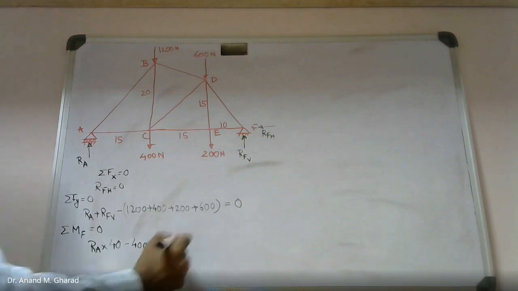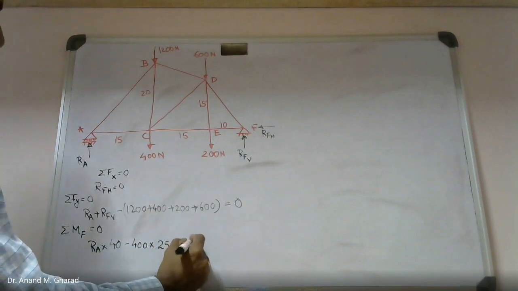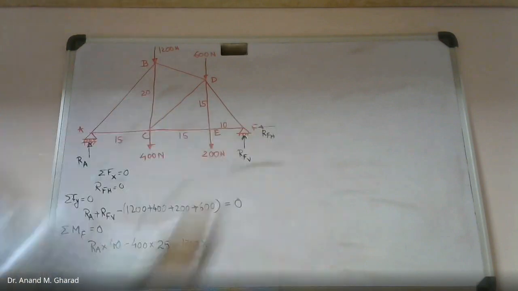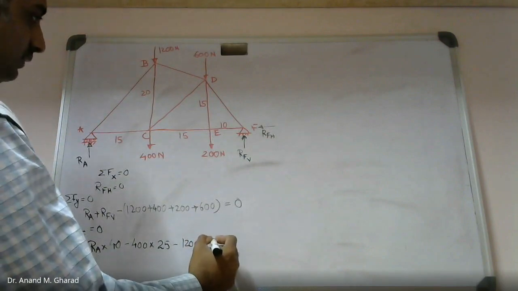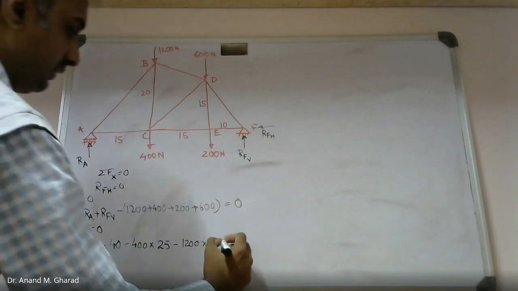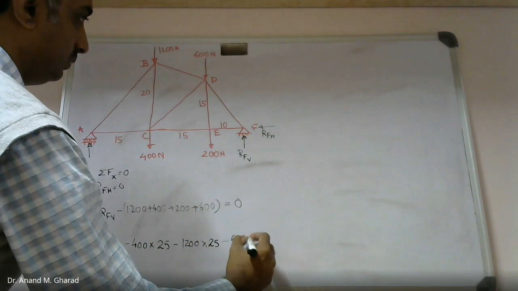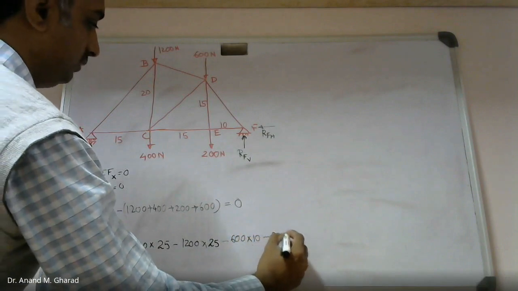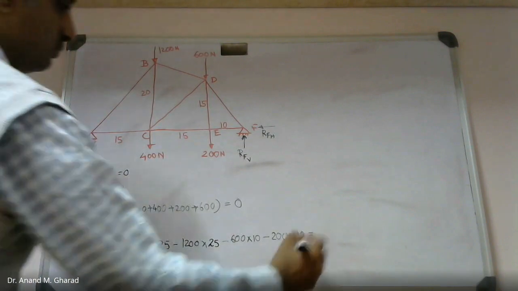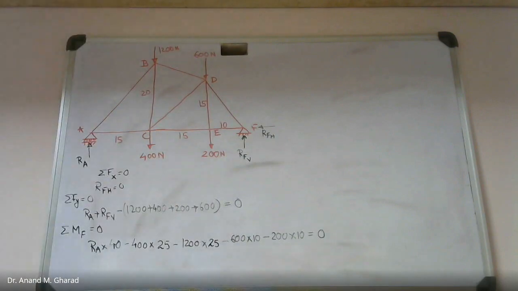Okay. Then similarly minus 1200. I'm writing down minus because it will create anti-clockwise rotation. Minus 1200 into again 25. Then minus 600 into 10, minus 200 into 10. Anything else? Equated to 0. From here you will get RA value. Once you find RA value, you can also get RFV value. Please let me know these values.